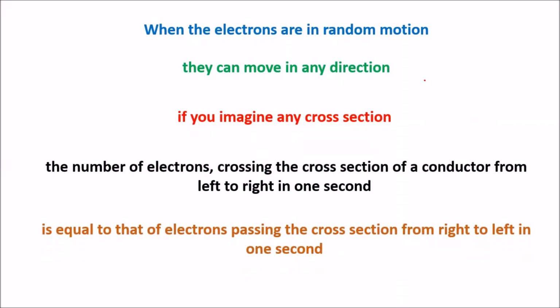So consider in a conductor there are 20 electrons crossing from left to right, same 20 electrons will be crossing from right to left, so that net flow rate is 0, so that in open circuit current is 0.